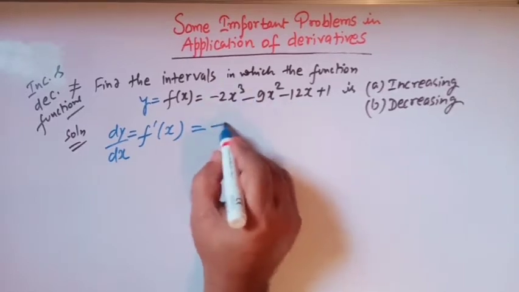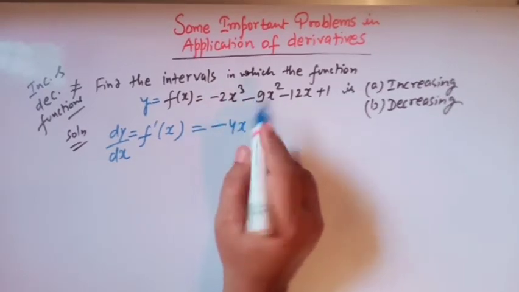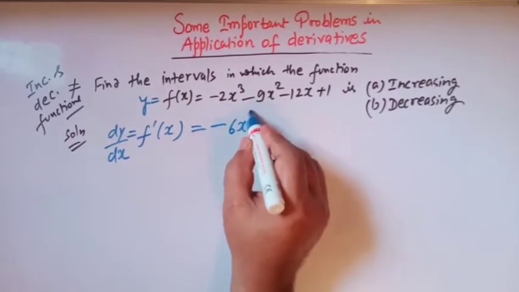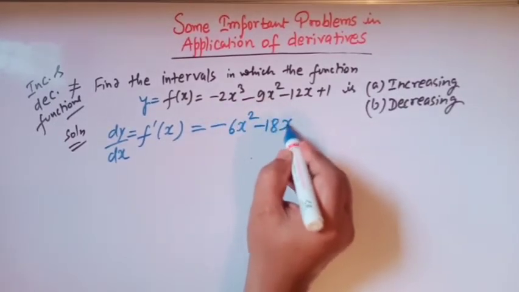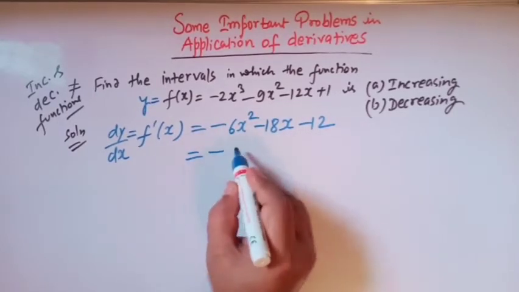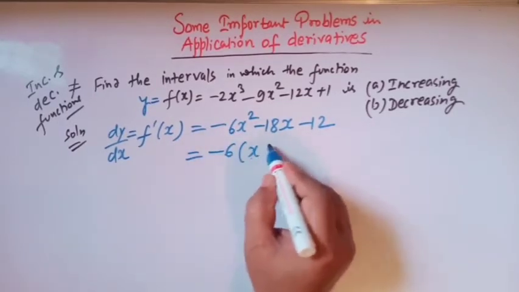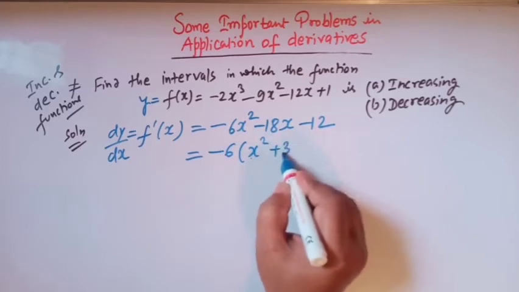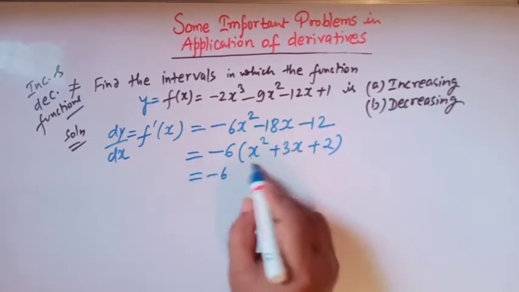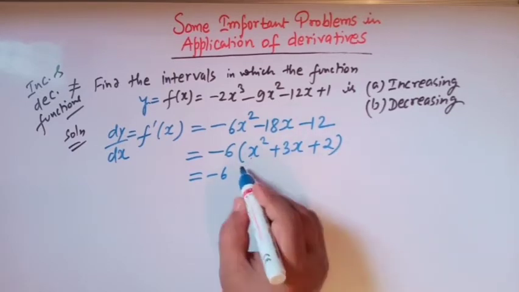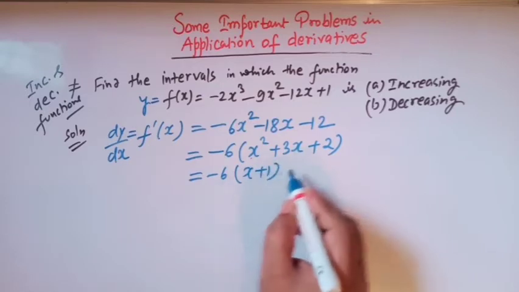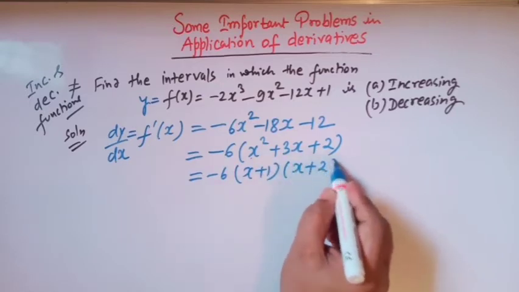Now the derivative is minus 6x square minus 18x minus 12. Now this can be written as minus 6 times x square plus 3x plus 2, right? Now if we factorize this by middle term, we have x plus 1 and we have x plus 2.